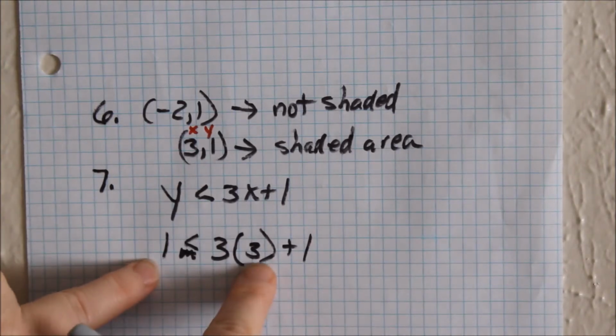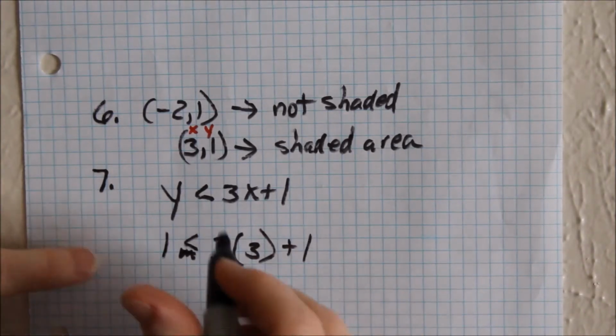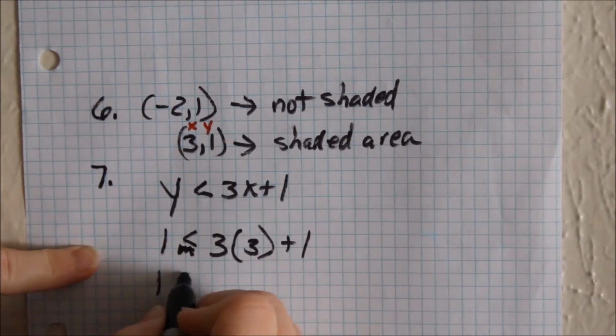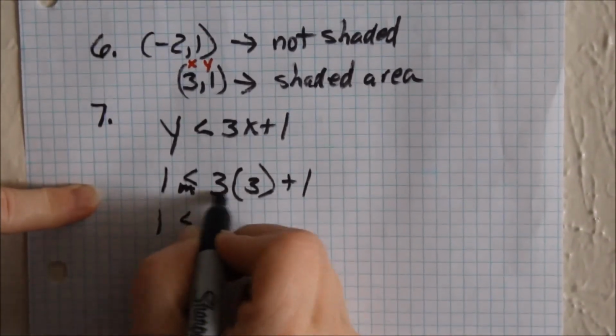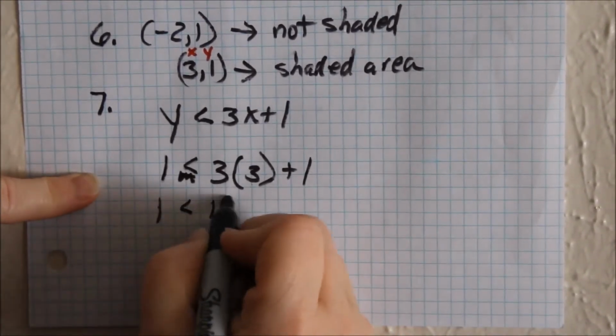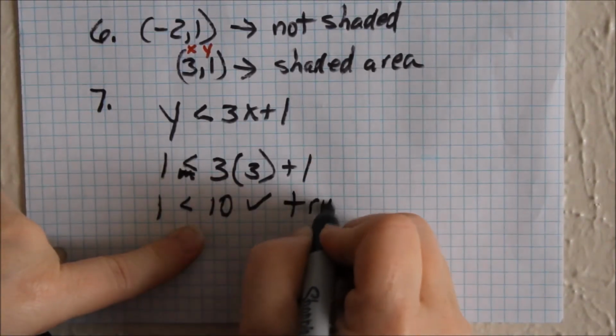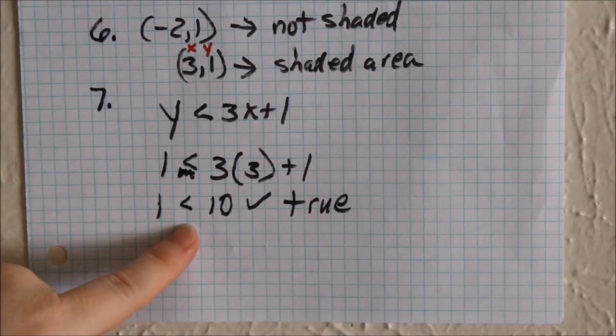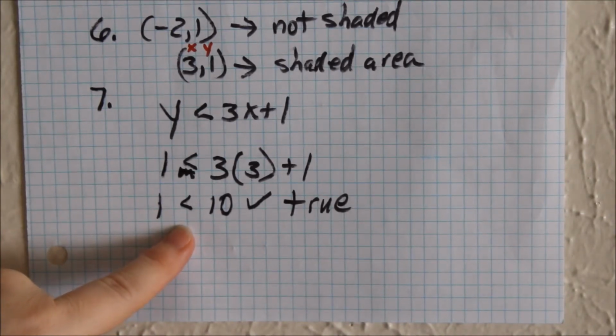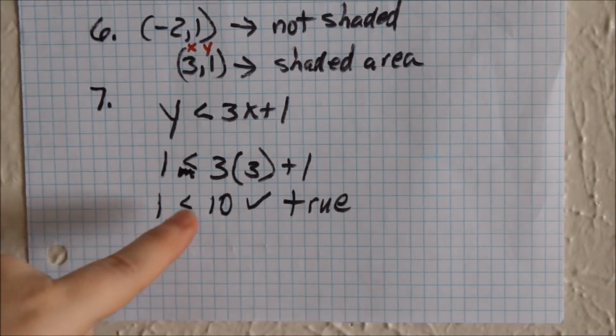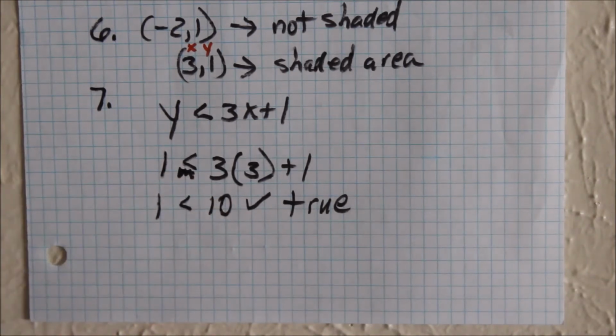All I did was substitute my x and y value into the equation. So now if I do all the calculations, 1 is less than 3 times 3 is 9, plus 1 is 10. Is 1 less than 10? Yes. So that is a true statement. Any point in the shaded area should be a true statement.